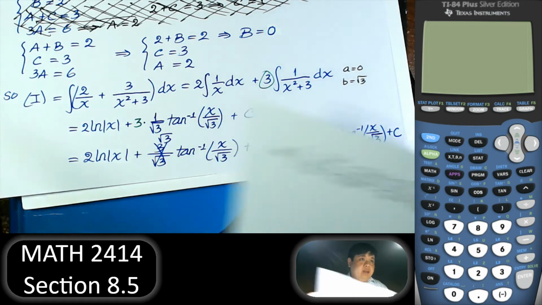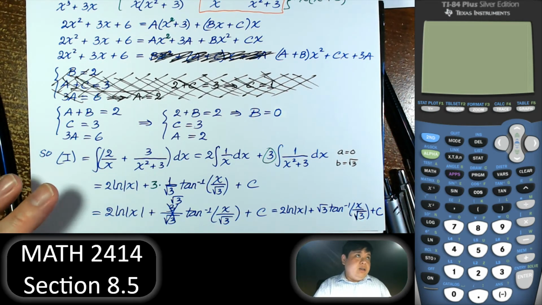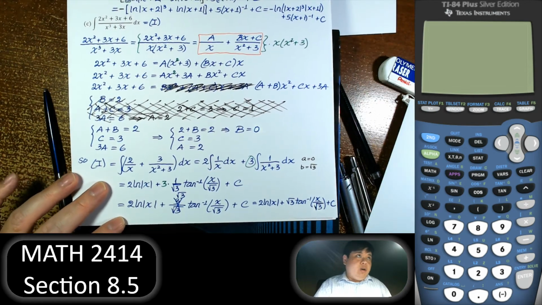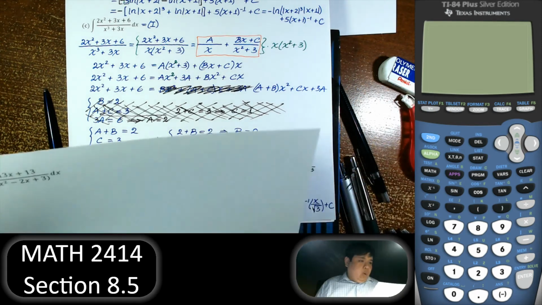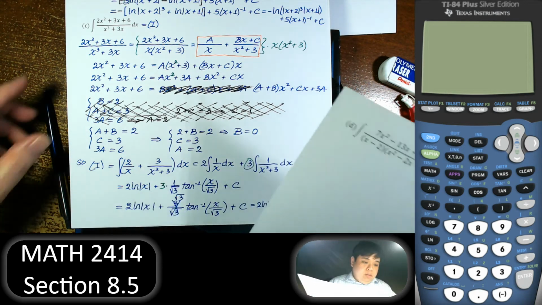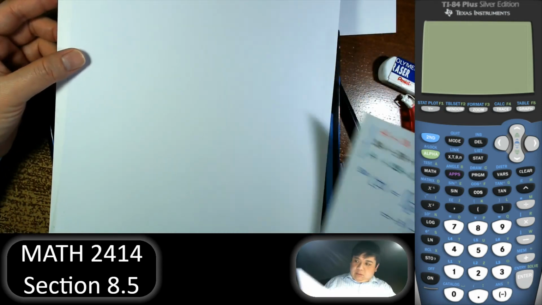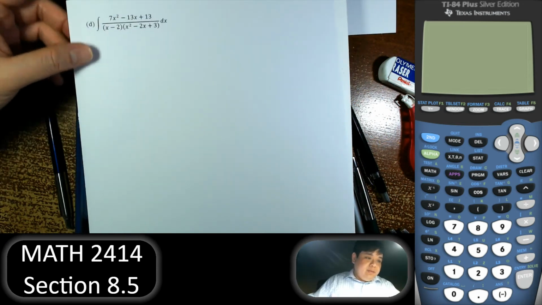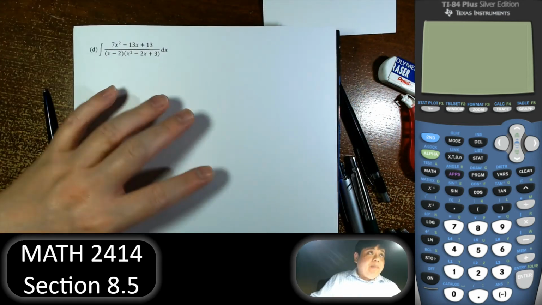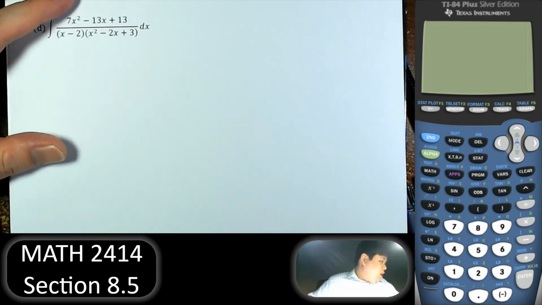Right, so let me zoom out again so we see the whole problem. We have one more example, also the same thing. Do partial fraction. Partial fraction first.